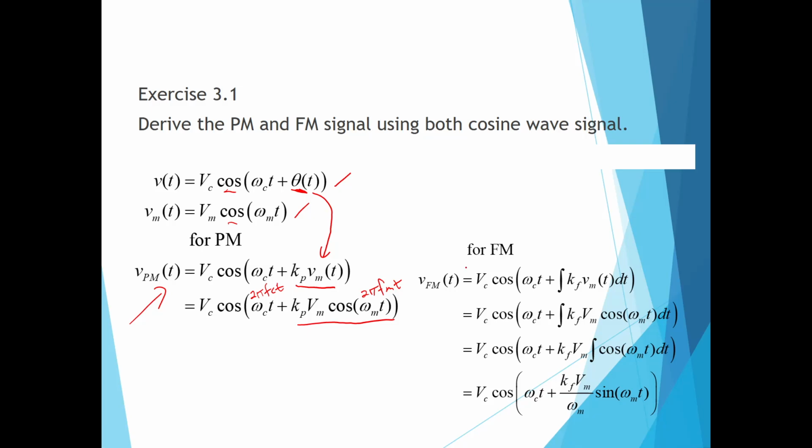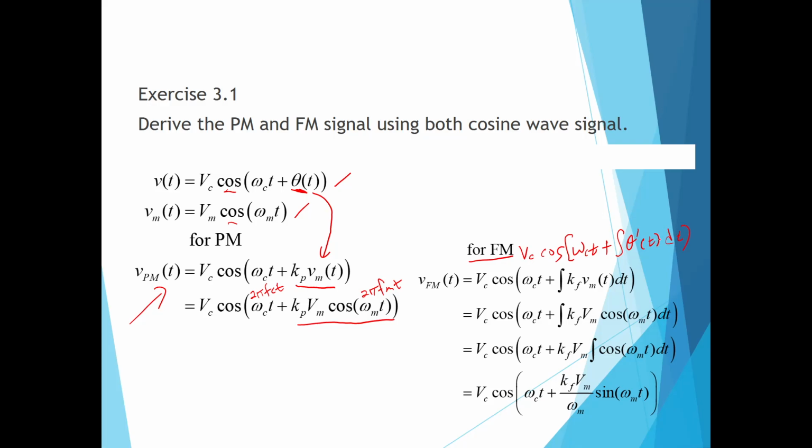For the frequency modulation, we can do the integral from the general equation. This is Vc cos, big bracket, omega ct plus the integral of theta prime t dt.